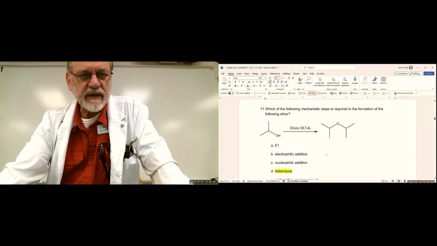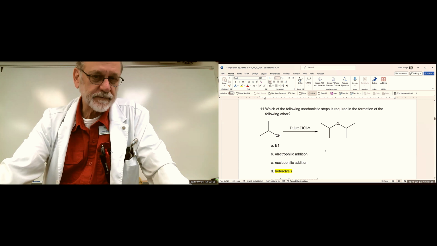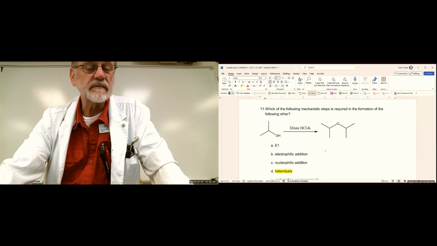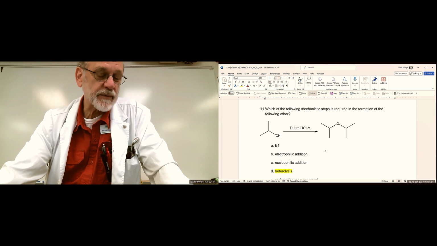11, which of the following mechanistic steps is required in the formation of the following ether? Heterolysis. Actually, it's 2 steps.